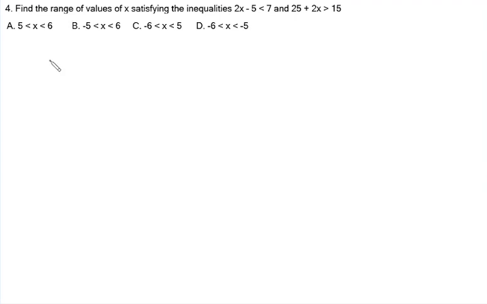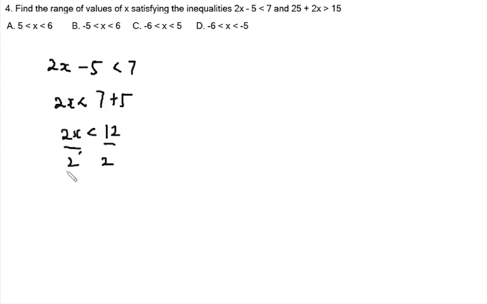For the first inequality, we have 2x minus 5 less than 7. So 2x is less than 7 plus 5, which is 12. Dividing both sides by 2, 2 cancels 2, and we have x is less than 6.